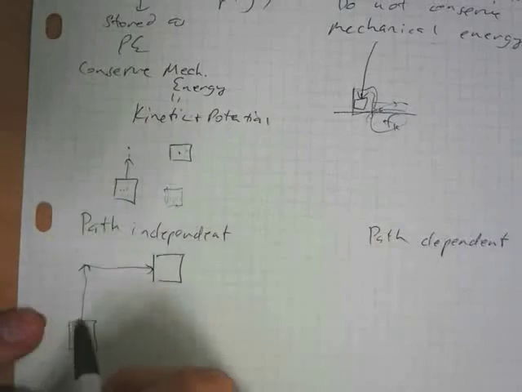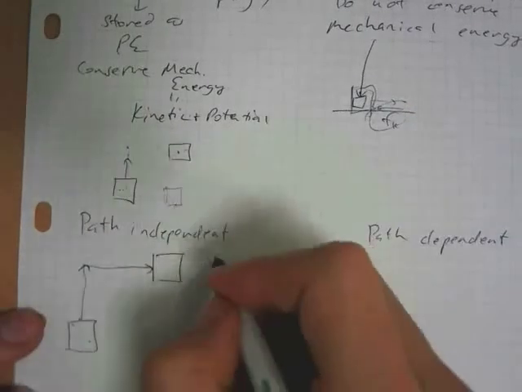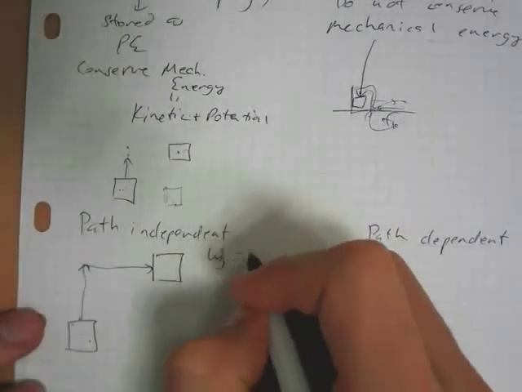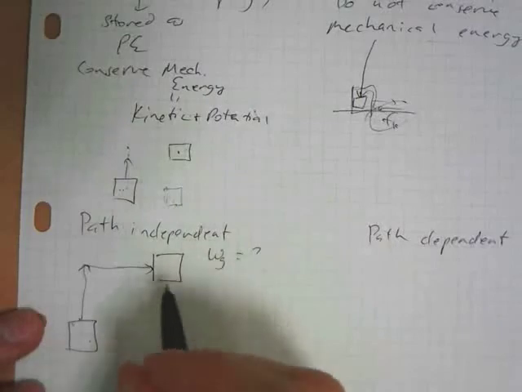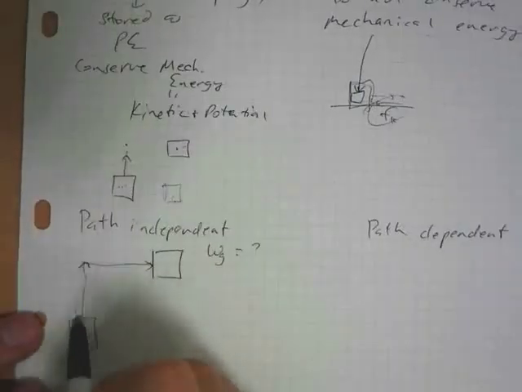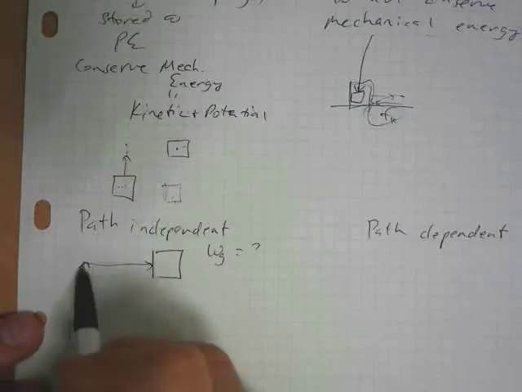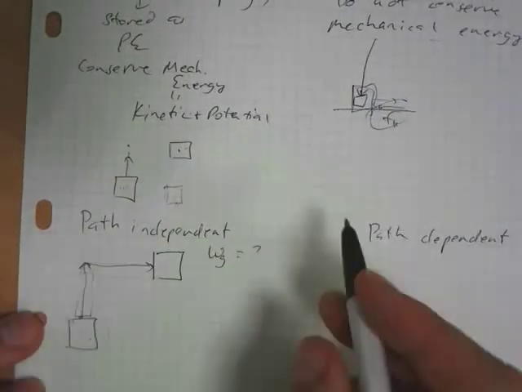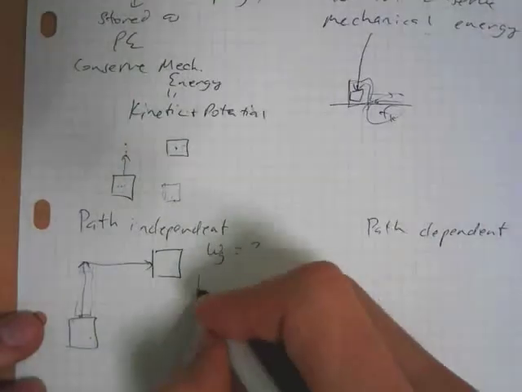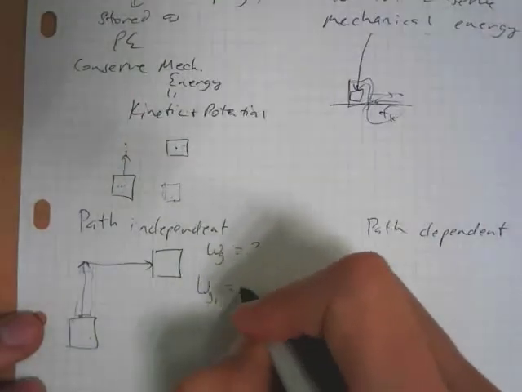Let's consider the work done by gravity. On this segment right here, the box is moving upward, gravity is going downward. We know that gravitational force is mass times gravity.